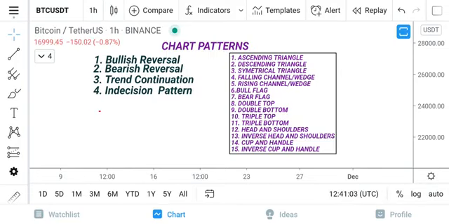And if the price is above a 50 period moving average, you say it is a mid-term uptrend. If the price is below it, you say it is a mid-term downtrend. While if the price is above a 20 period moving average, you say it's a strong uptrend. And if the price is below the 20 period moving average, you say it's a strong downtrend.